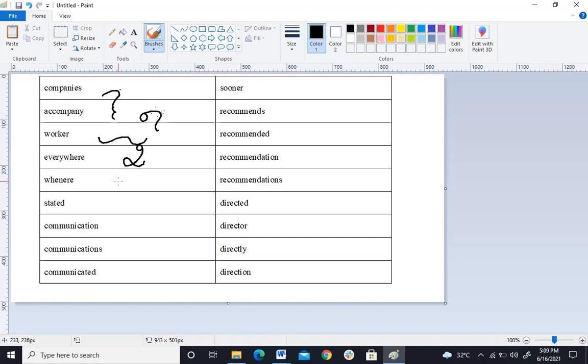Now, whenever. When is represented by EN. And then ever is represented by EV. So, ang stroke natin ng whenever is ENEV. Now, next, stated. State, and then we have your TED.